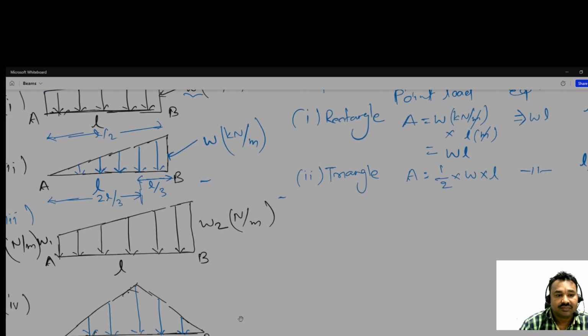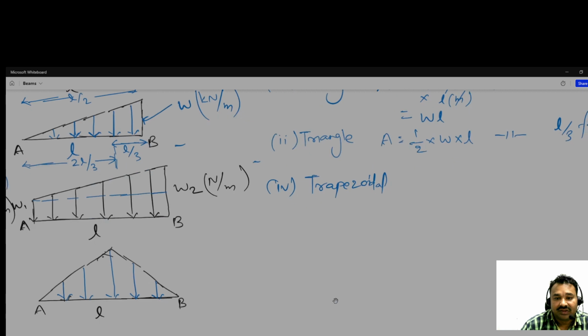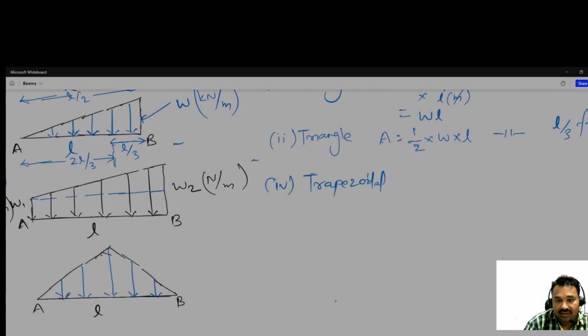Similarly for the fourth one, this is a trapezoidal shape, but what we will do, we will divide it into two parts so that we can easily understand it.